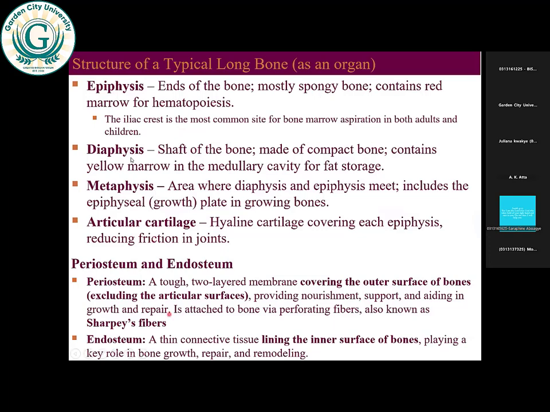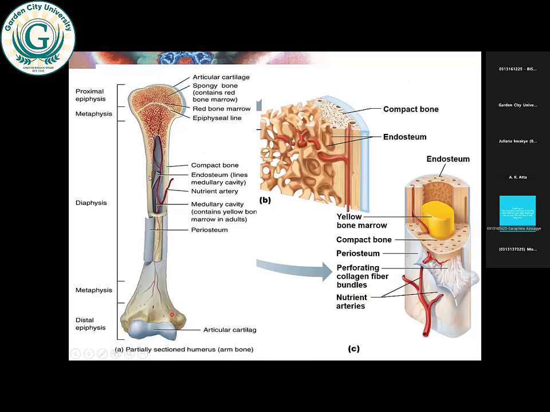In fact, when they do amputation, they don't strip off the periosteum, because bones are highly vascularized. They have a lot of blood vessels. Within the periosteum too, there are blood vessels, and not only blood vessels, there are stem cells. Bone cells are there. And those bone cells are very, very important when it comes to bone repair.